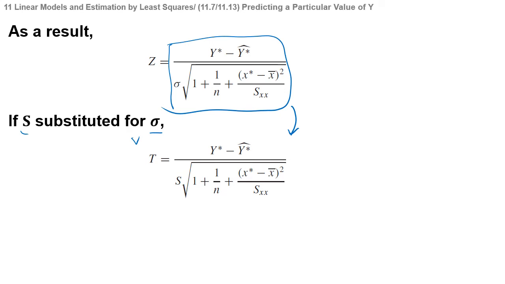In the previous theorem 7.3, we learned that s square is independent of y bar. And so, for this case, we can derive a similar theorem. I will not explain the details, but the sum of square error is independent of beta 0 hat and beta 1 hat.